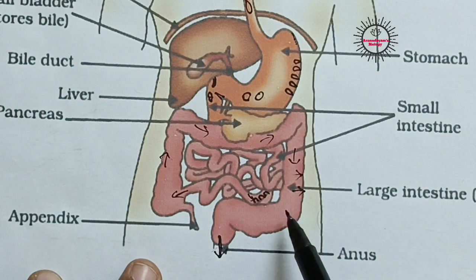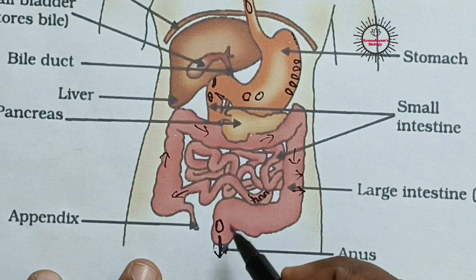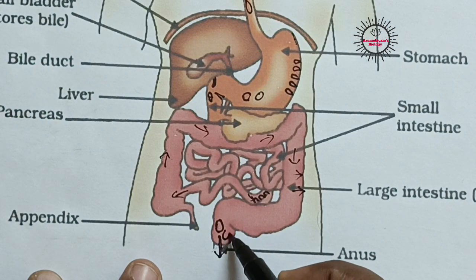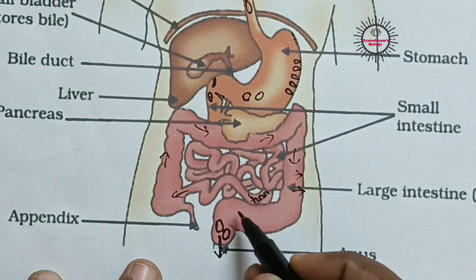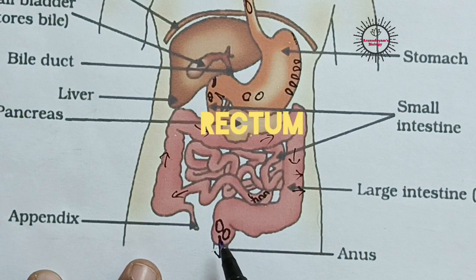Finally, solid undigested waste food materials are produced in the large intestine, and they enter the part called the rectum, where they are temporarily stored.